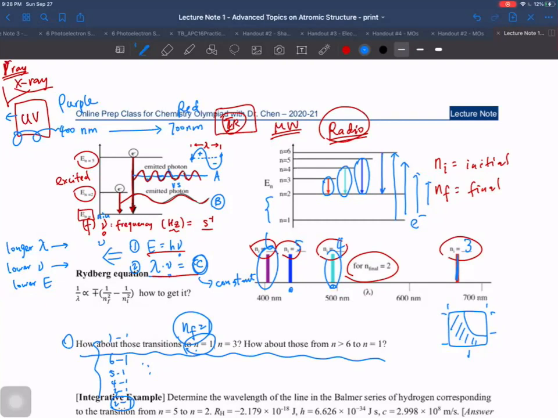So all of the n equals 1 transitions will be in the Lyman series. How about n equals 3? Everything going back to 3 will be in the IR range because the energy is not enough, right?